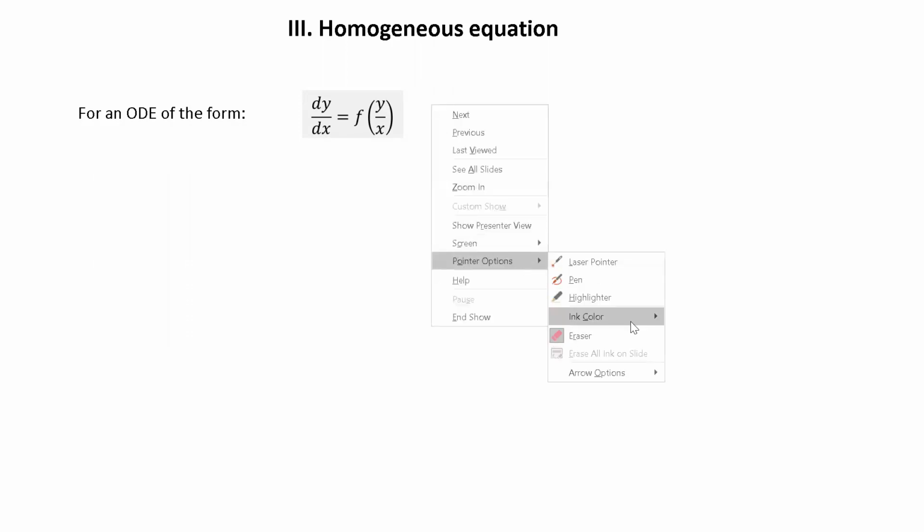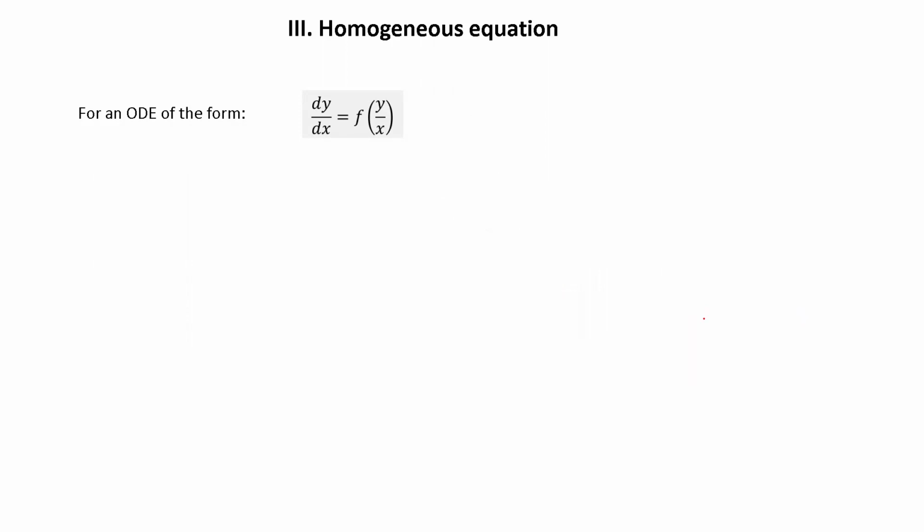Again, it depends. If this function, for example, is just this, then dy/dx equals y squared divided by x squared. This one you can actually solve using separation of variables.